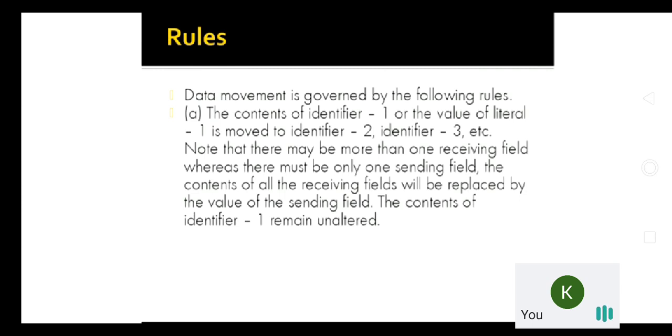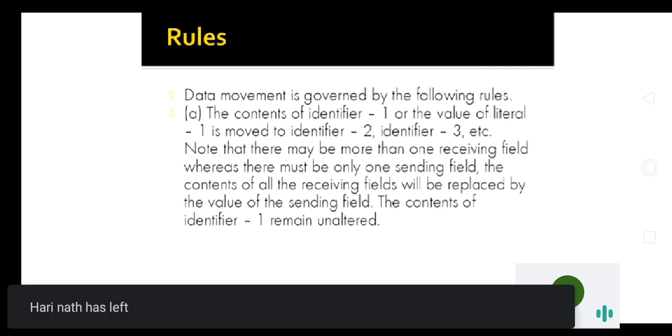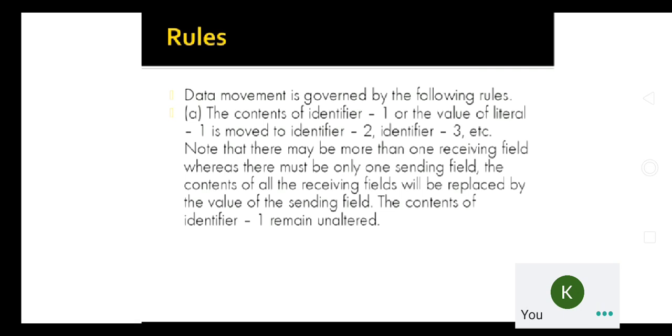So whatever value the identifier has, that value will be moved from one identifier to another identifier. The important thing to note here is that we may have more than one receiving field, but only one sending field. That is very important.